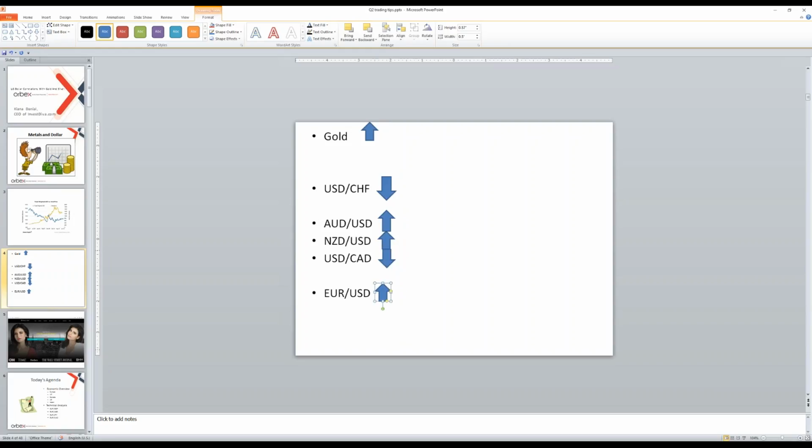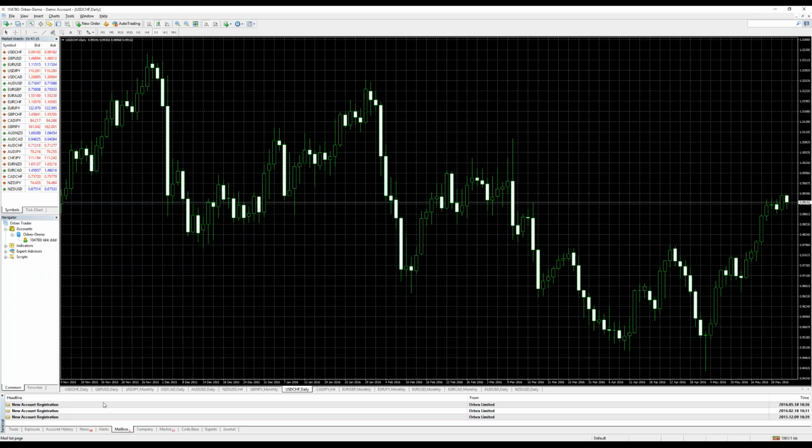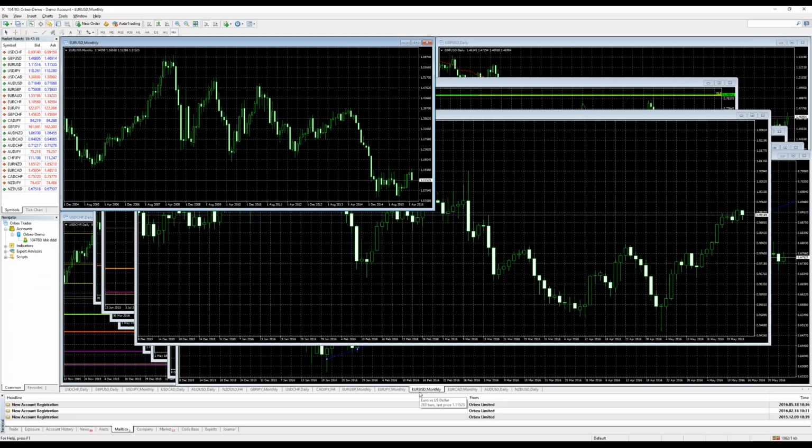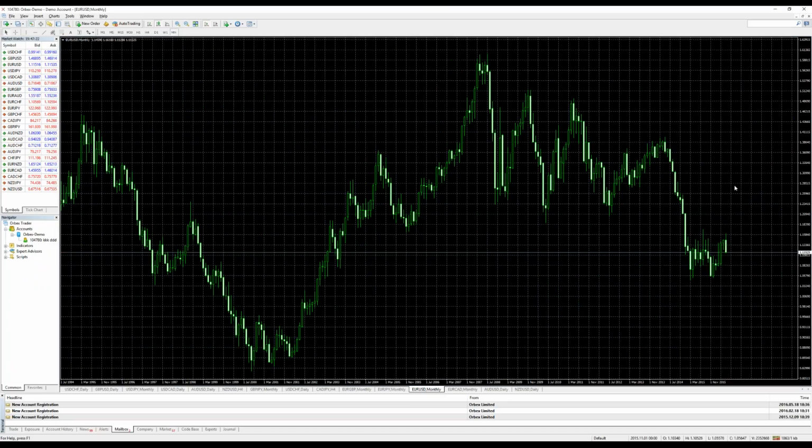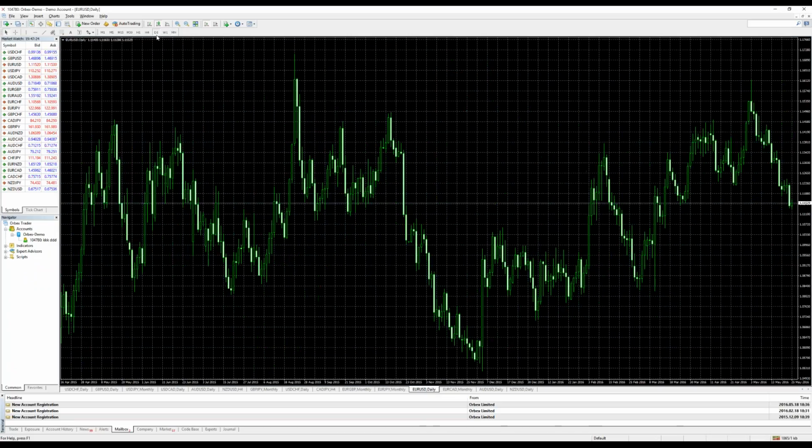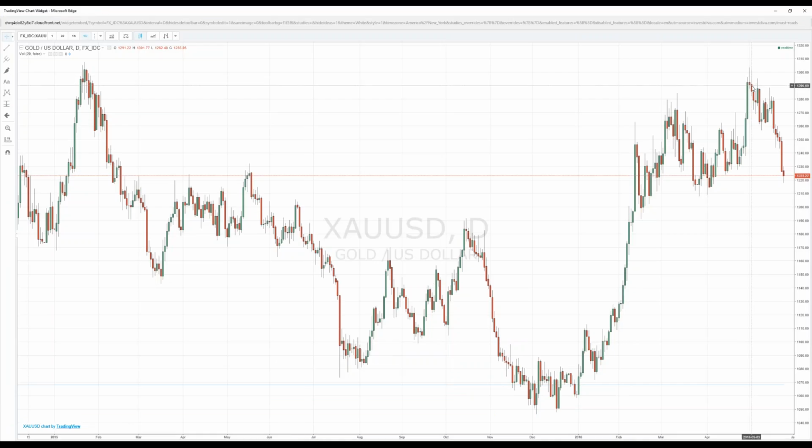Because if we take a look at the price of euro versus the US dollar, which has been going down, right? Since it hit 115, we also had gold prices going down.